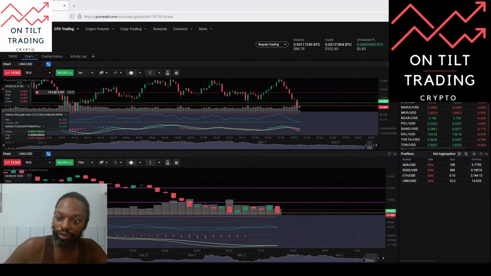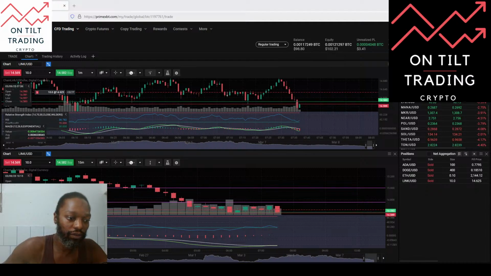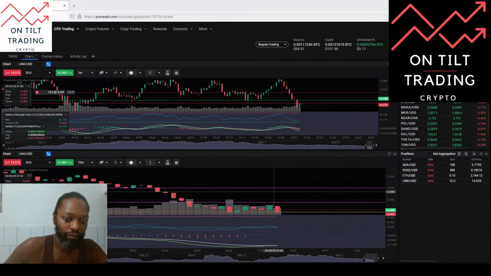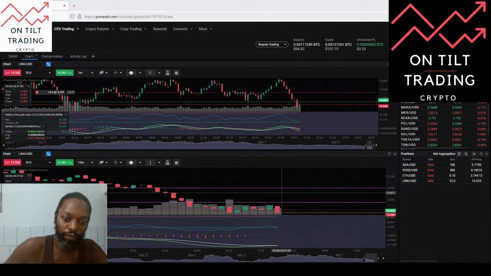Still no separation here on the MACD, but let's take a look and see what MACD has going. So we're still positive on MACD on the 15-minute, so we'll see how it goes.